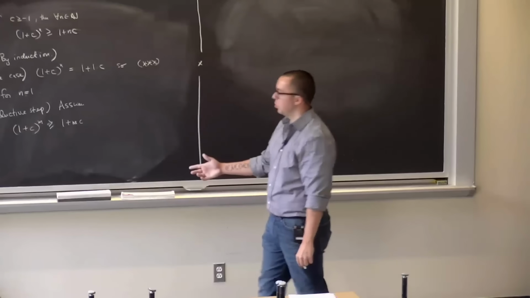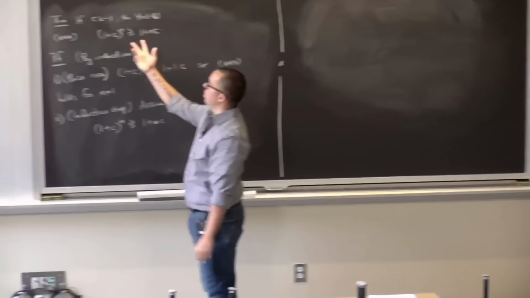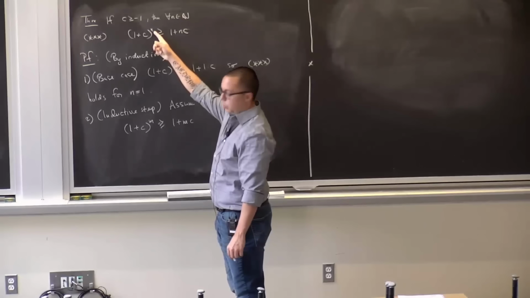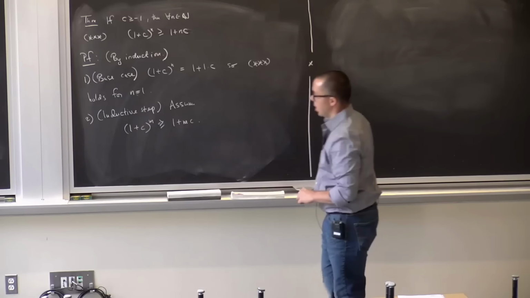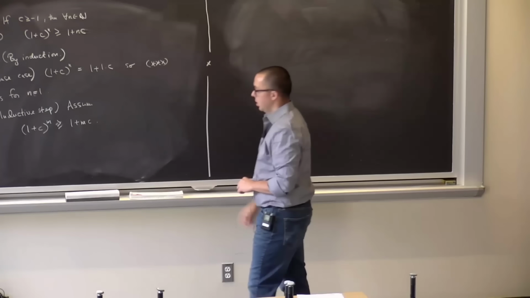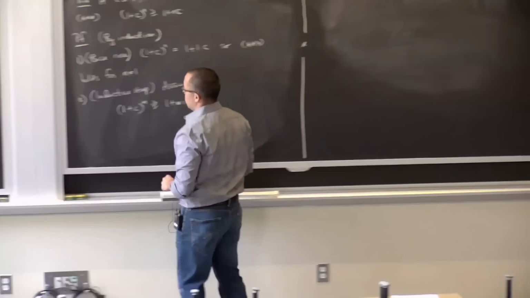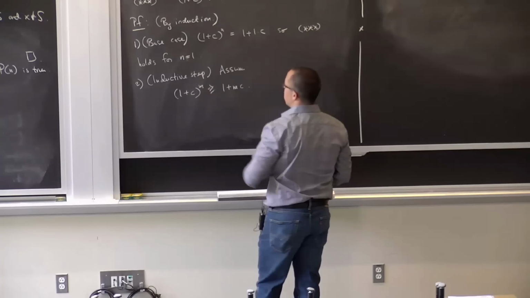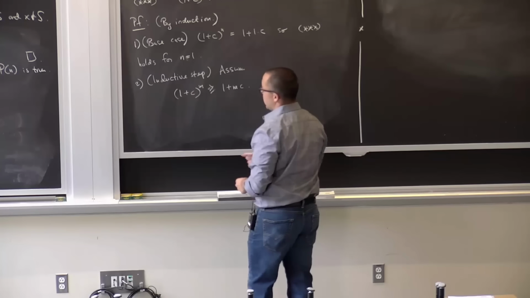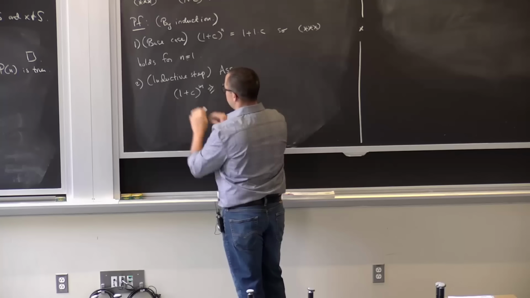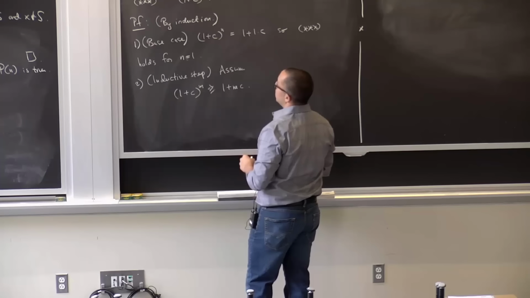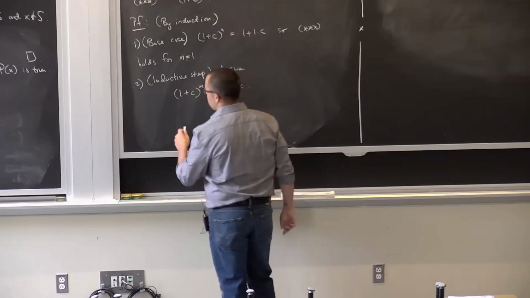And we want to prove this inequality with n equal to m plus 1. I want to get the statement for n equals m plus 1. Let's look at the n equals m plus 1 side and see what we can do with it.